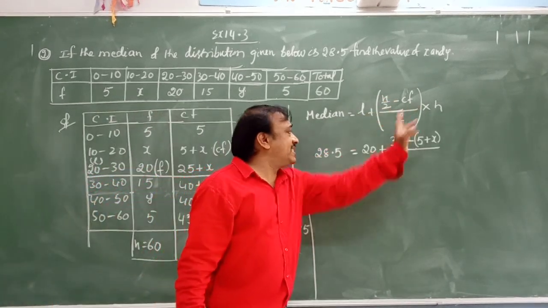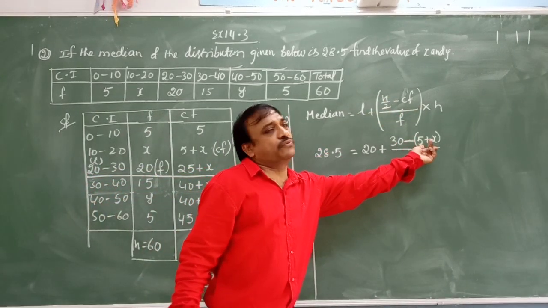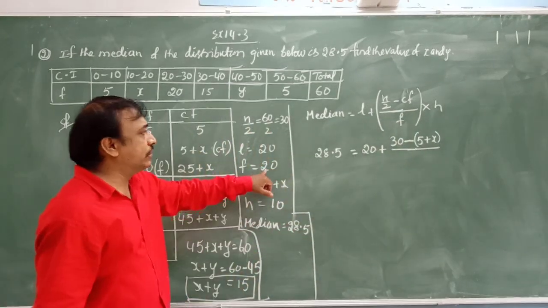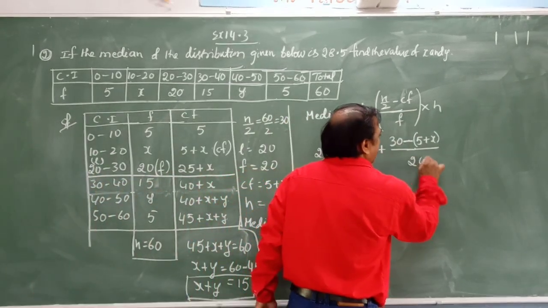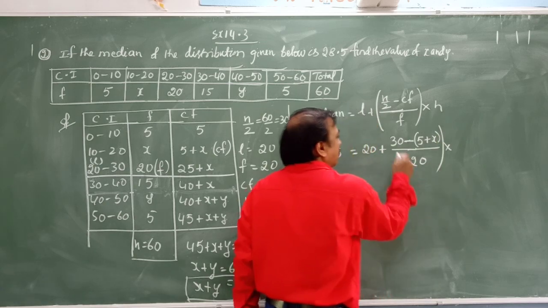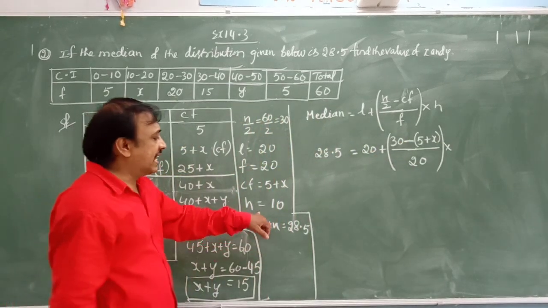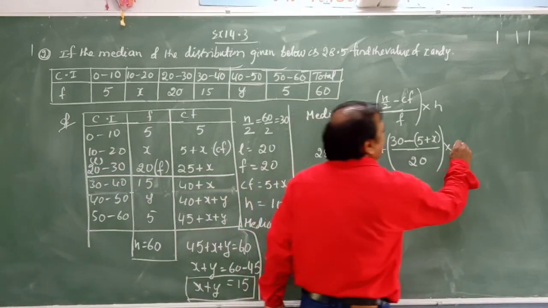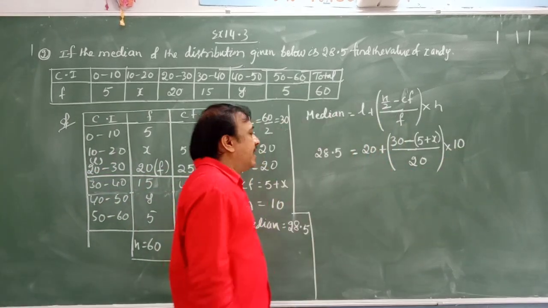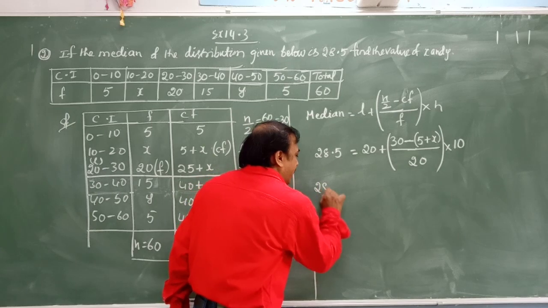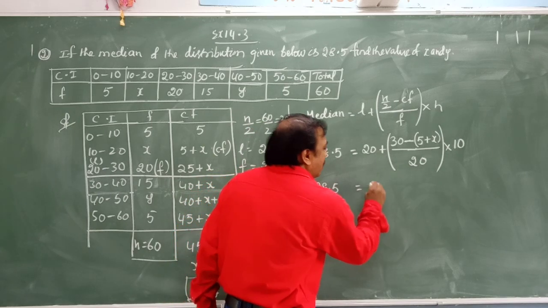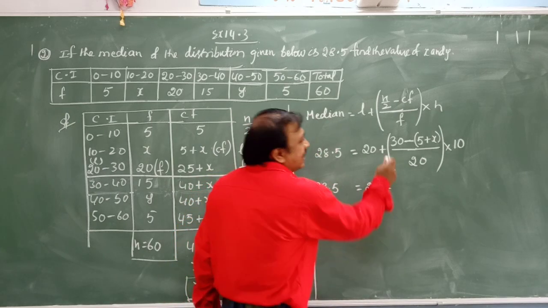n by 2 minus CF, 30 minus (5 plus x), we do, by f value, that is 20, into h. What is the h value? Class size is 10. Now 28.5 is equal to 20 plus 30.